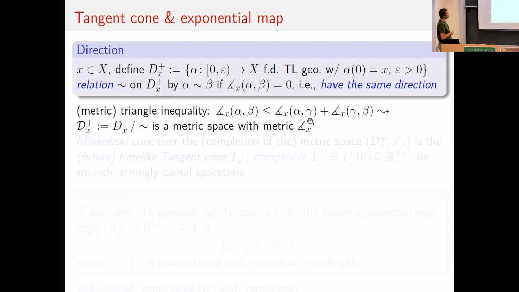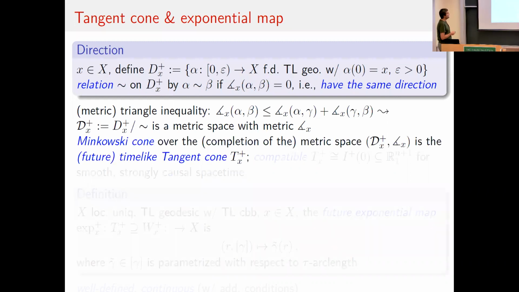So you then can mod out this relation, get the space of time-like directions, and this is actually a metric space, as long as you know that these angles always exist. And the Minkowski cone, which is like the generalized cone but the warping function is the identity, over the completion of this metric space is the future time-like tangent cone.